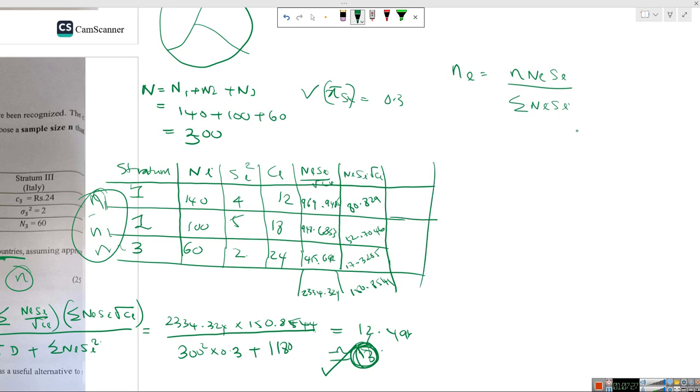So 140 into 2, 280. Now 100 into square root of 5, and 60 into square root of 2.